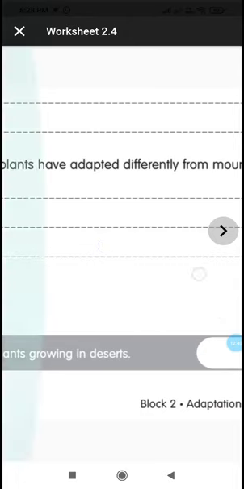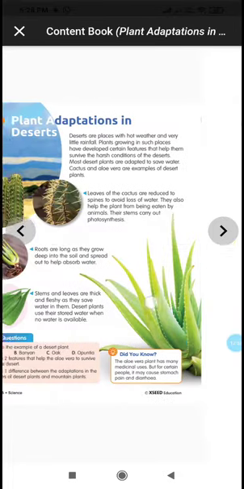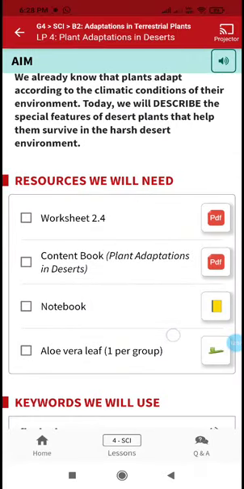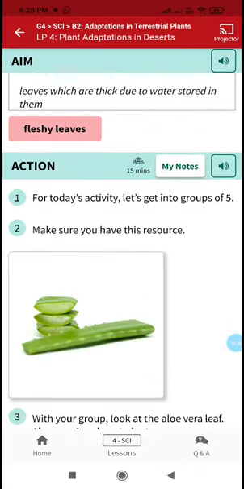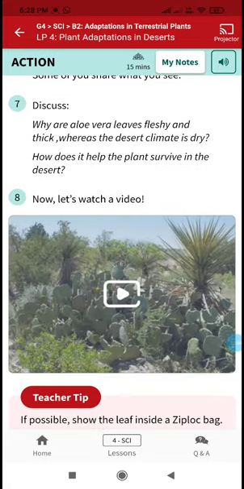The leaves are modified or adapted to change into spines to save the water. So understood? In today's class you learnt about the adaptations shown by the desert plants. Okay, so here one video will give you more detailed information about desert plants, children.